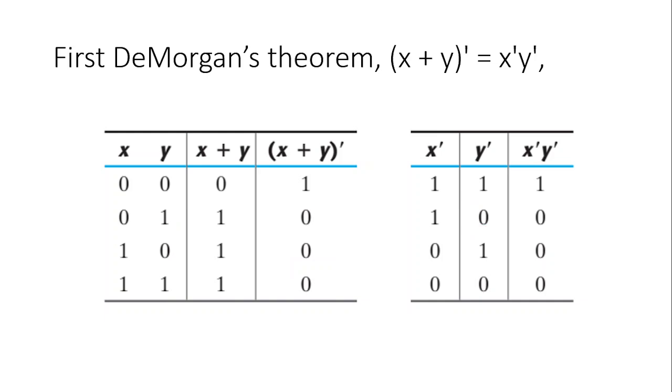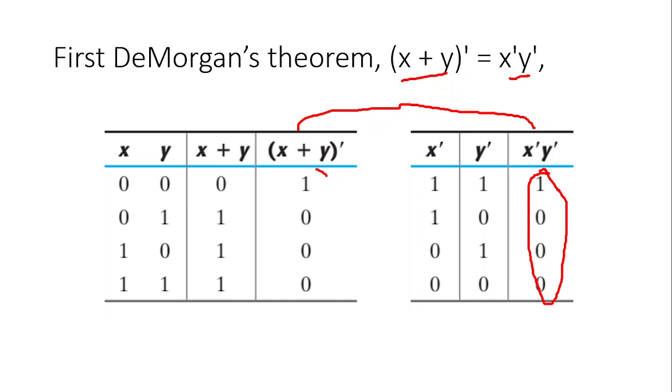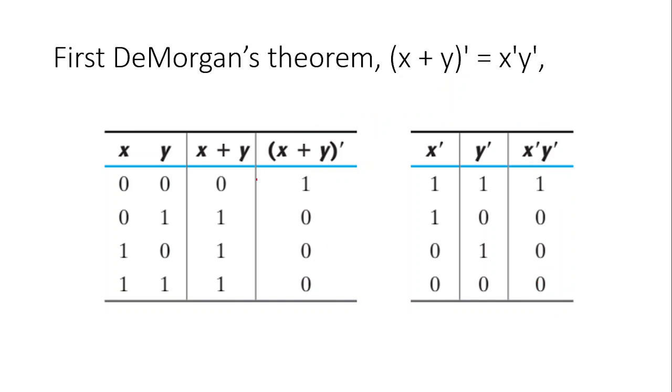Now multiply them together, x bar dot y bar. 1 dot 1 is 1, 1 dot 0 is 0, 0 dot 1 is 0, 0 dot 0 is 0. Now you need to prove that this part is equal to this part. So take the truth table of these two values and see whether correspondingly they are the same.